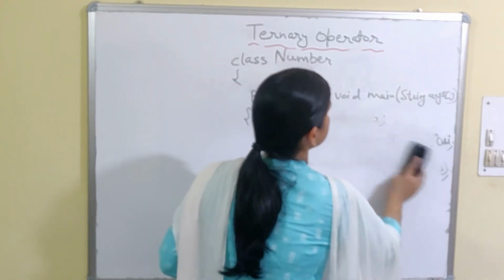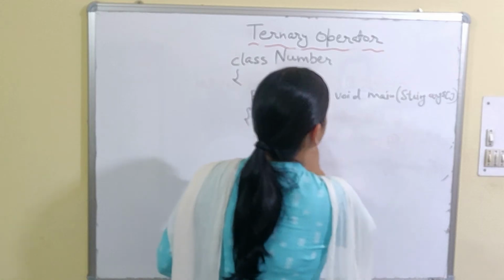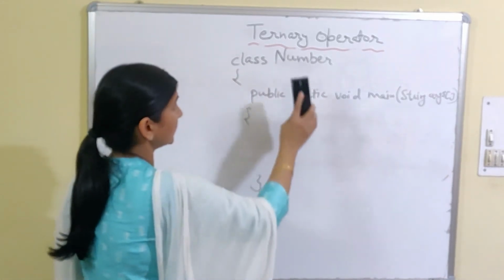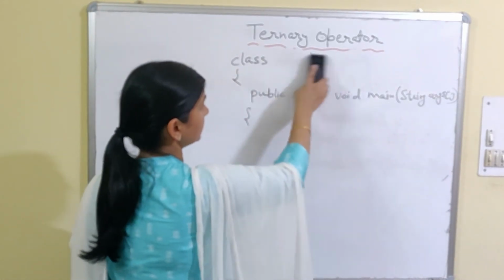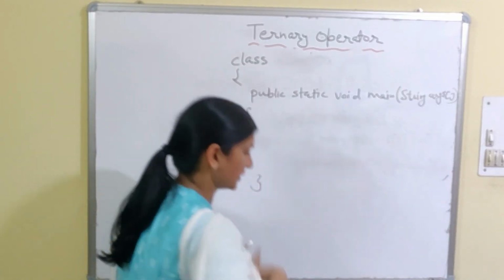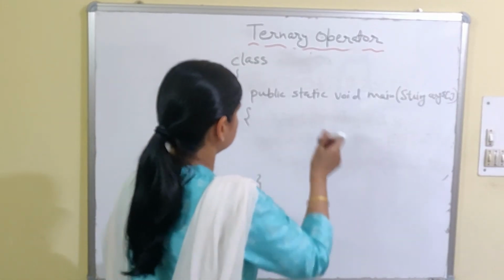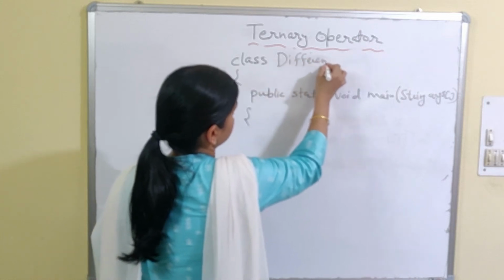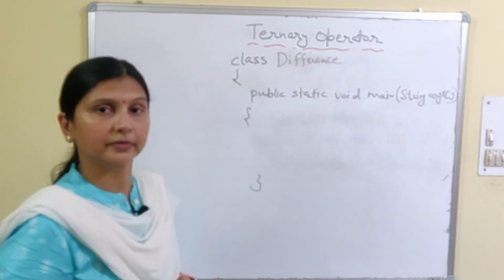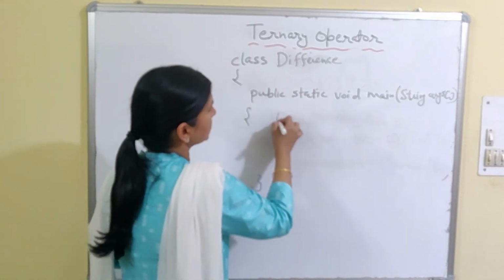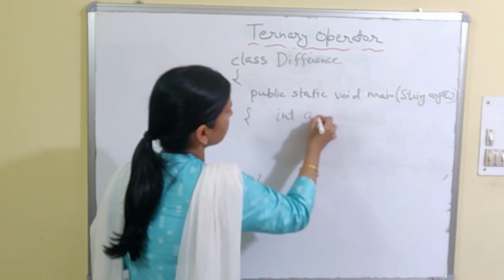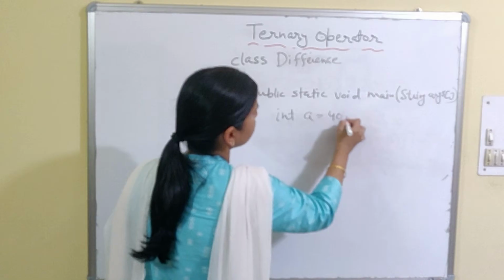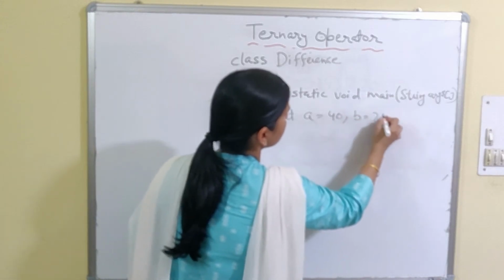For this I will take two variables. So in this we will calculate the difference. So I am taking the class name as difference. Fine. So taking two variables, int A equals 40, B equals 25.